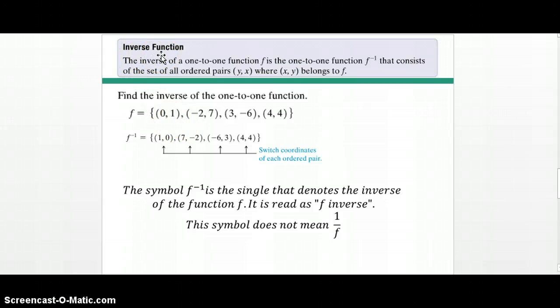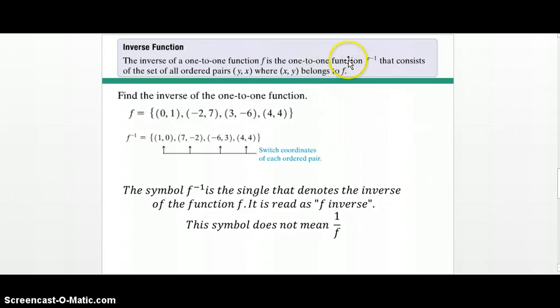Inverse function. The inverse of a one-to-one function f is the one-to-one function f inverse that consists of the set of all ordered pairs (y, x), where (x, y) belongs to f.